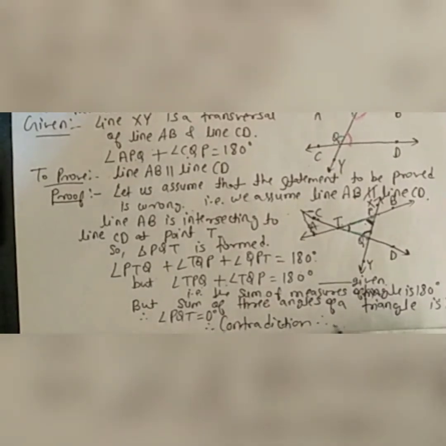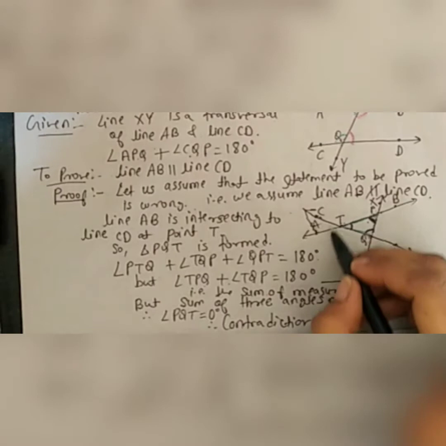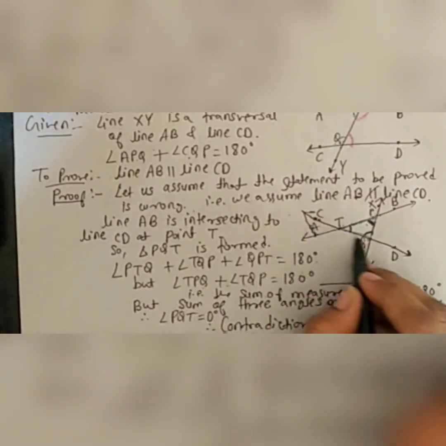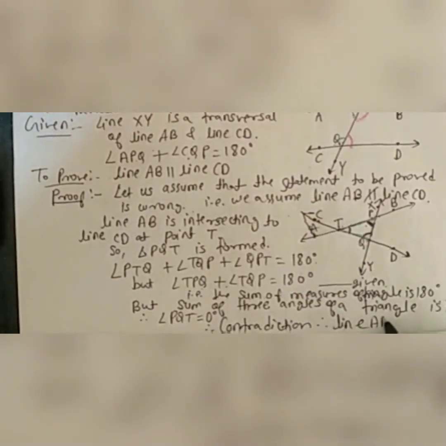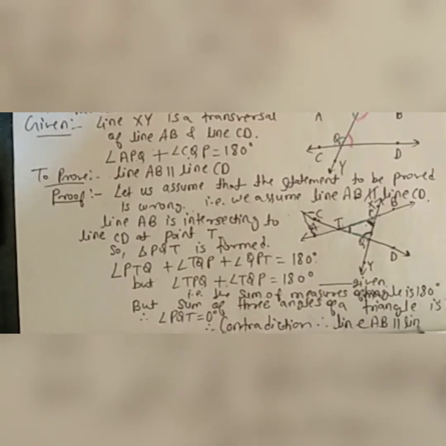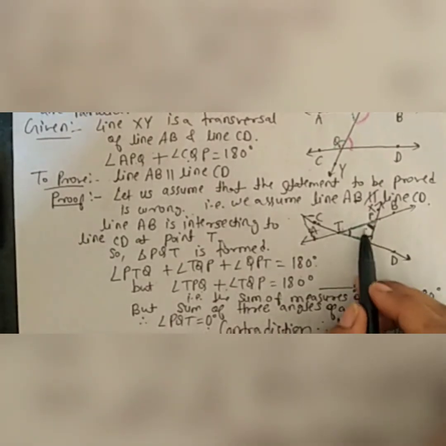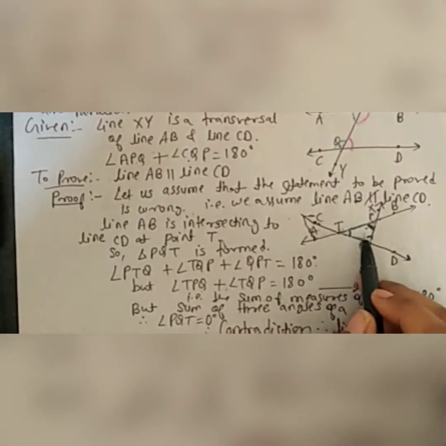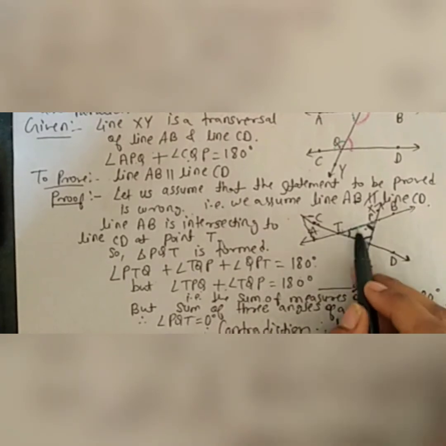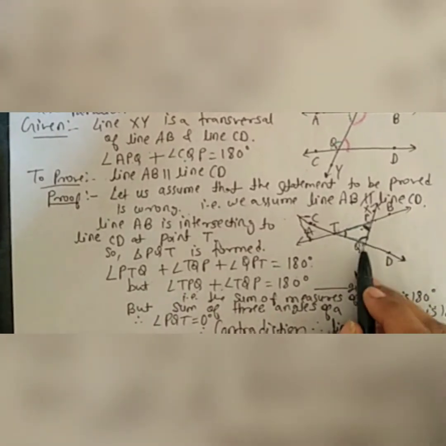And therefore, line AB is parallel to line CD. Now we have proved the interior angle test for parallel lines. The sum of all measures of angles of a triangle is always 180 degrees, not the sum of two angles of a triangle.